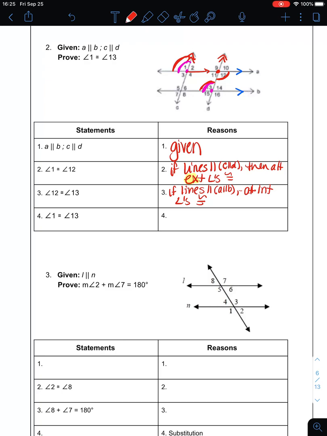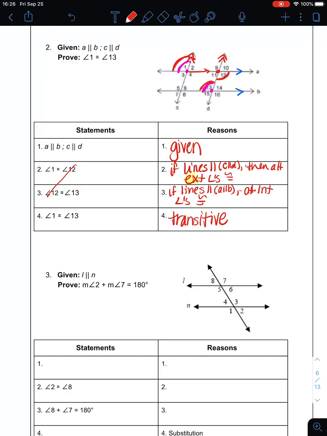Apologize for that. 1 and 12 are exterior. 12 and 13 are interior. So then now if I look, I went from 1 to 12 and then 12 to 13. So now we can just skip 12, take out that middleman, and 1 then has to be congruent to 13 because of the transitive property.